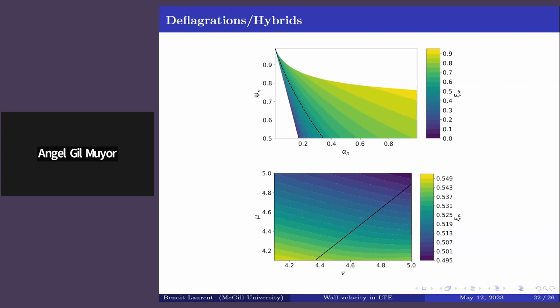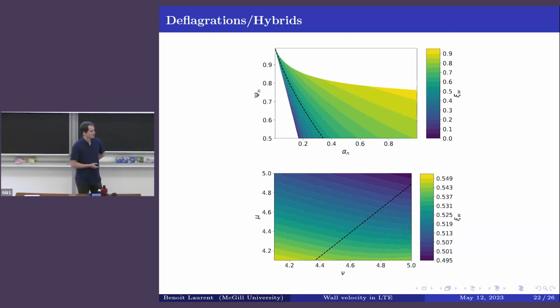I just wanted to know if in your method you also need to know the value of the temperature of the plasma at every position across the bubble. Sorry, I'm still having a hard time hearing. Does somebody understand?